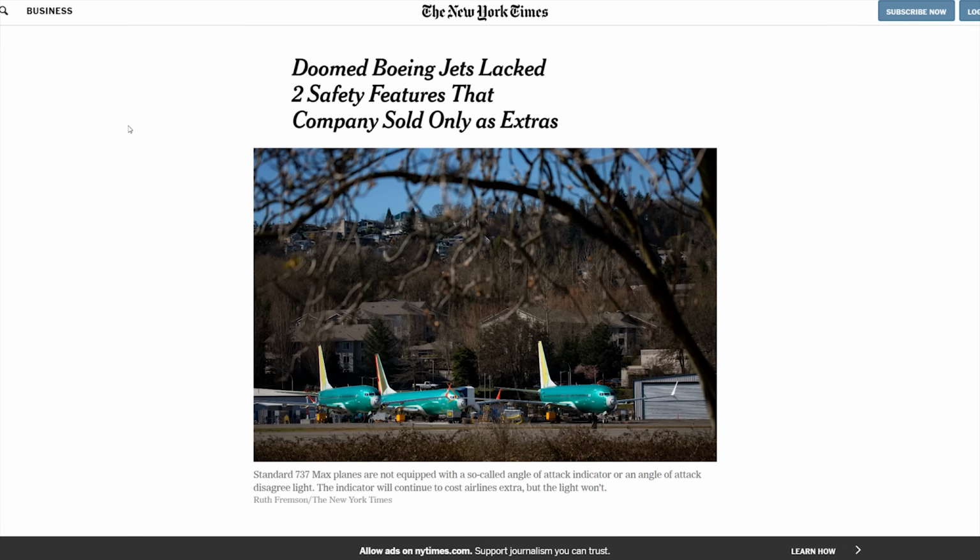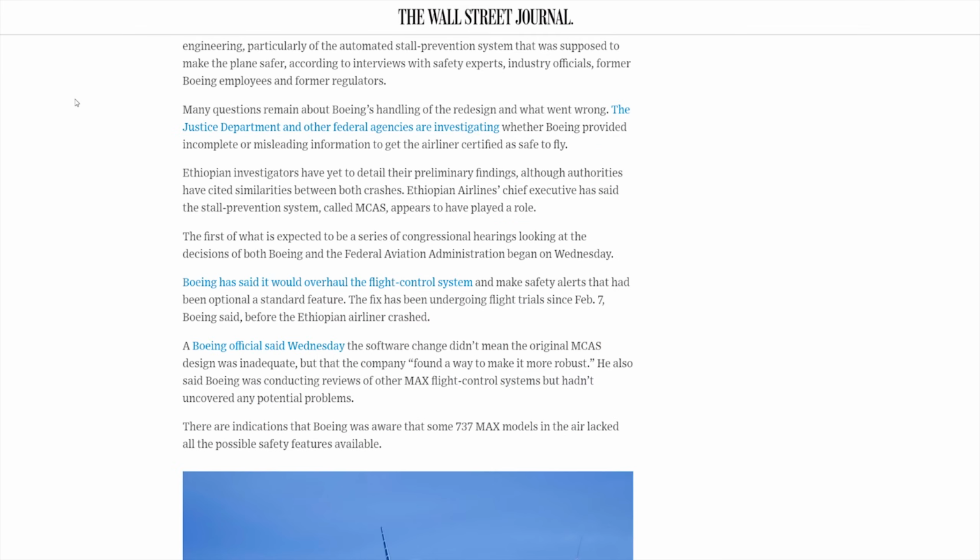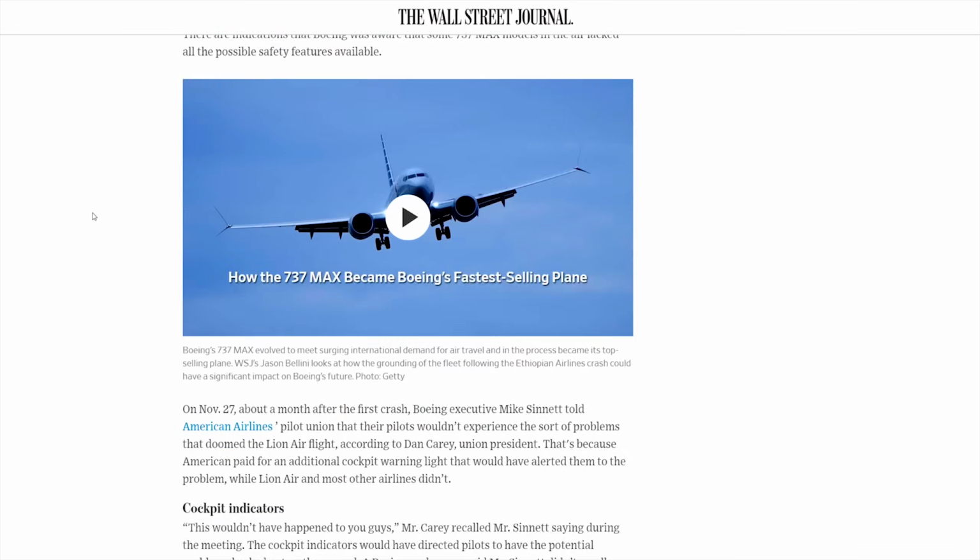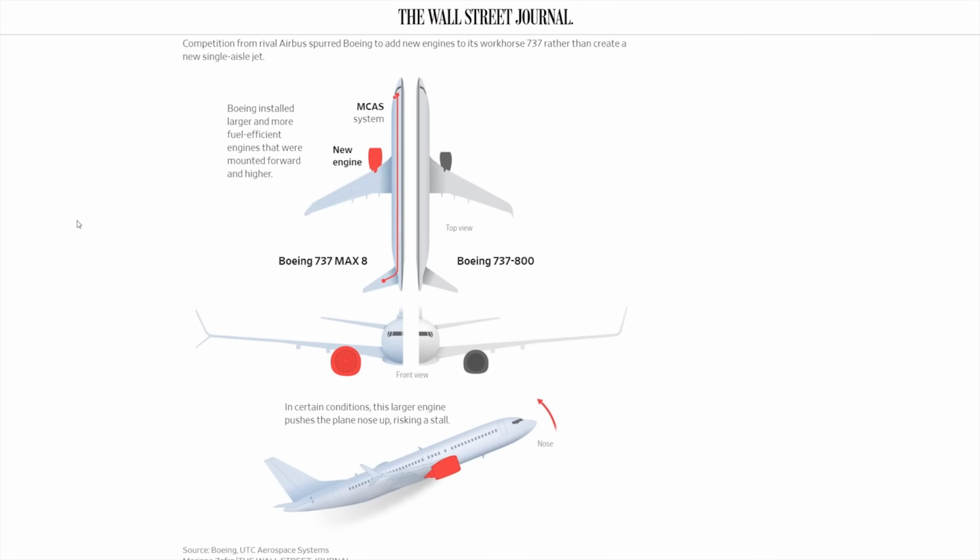These were just extra features that cost some money that they could buy in addition to it. My feeling is that that's completely ridiculous. If there is a safety feature that can be on a plane, it should come standard with the plane. You shouldn't have to pay extra to get these safety features. And pretty much the safety feature, from my take on reading what it actually did, I think it could have prevented these crashes.